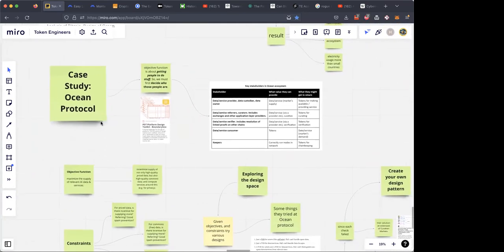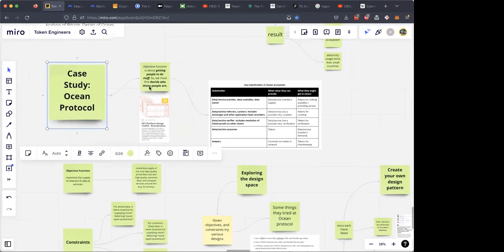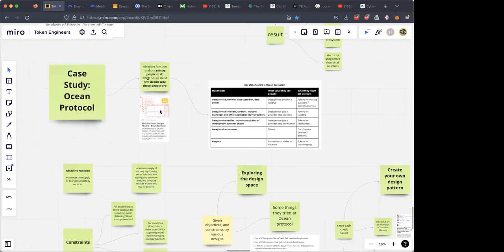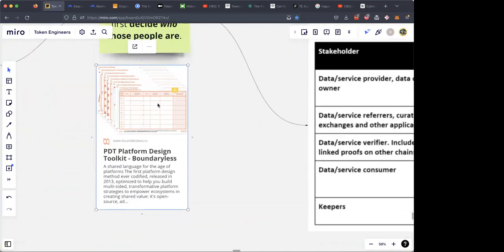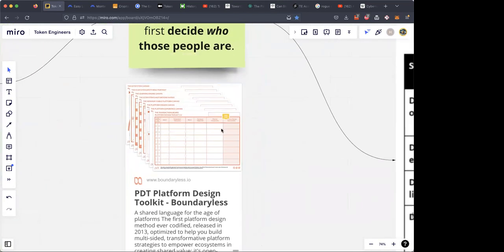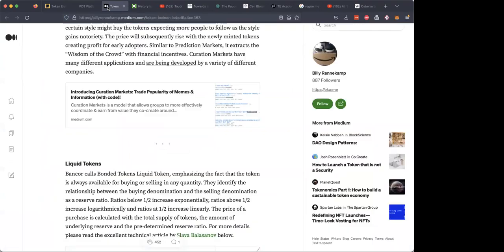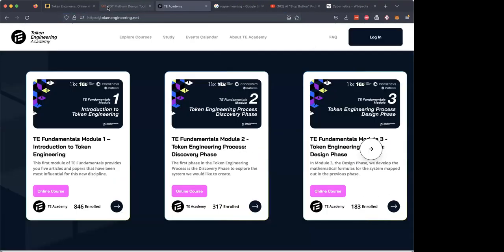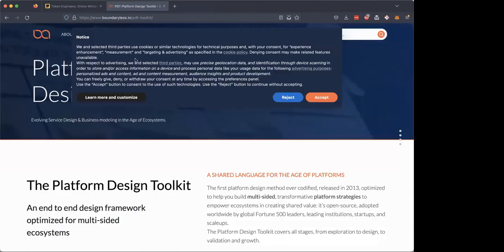I'm not going to go into this one, but he talks a lot about Ocean Protocol and what they did. And this is what I've been talking about, the platform design toolkit. Maybe we should take a look at this. You guys familiar with this one? I'm guessing you're not. Let's go into it.